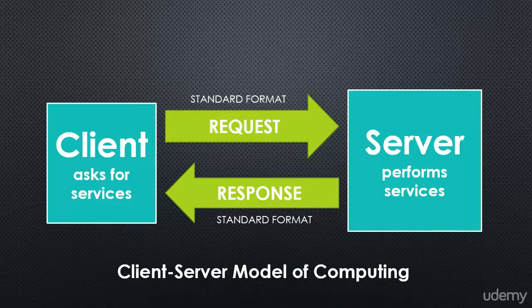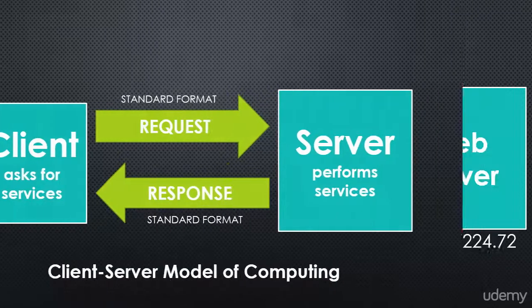But there's a few questions that have to be answered when we're talking about the client-server model, in particular on the Internet. How do the client and server identify each other? And we know there is a standard format for the information being sent, but how is the information actually transferred? That's where TCP and IP come in.